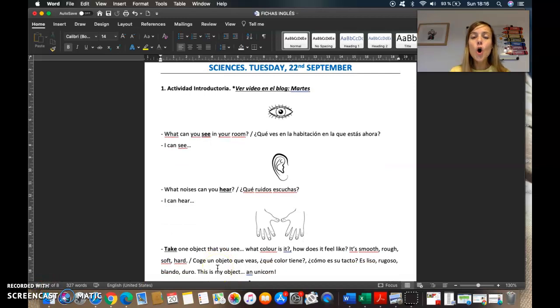Take one object of your room. Cogemos un objeto de la habitación en la que estés, ¿vale? Venga, allá vamos. Choose only one. Okay, I've got it. This is my object. Do you like it?